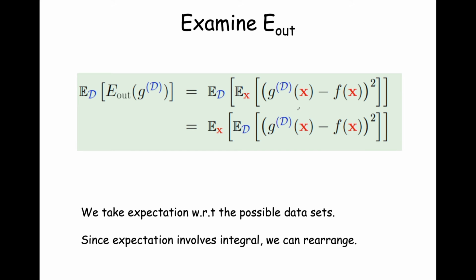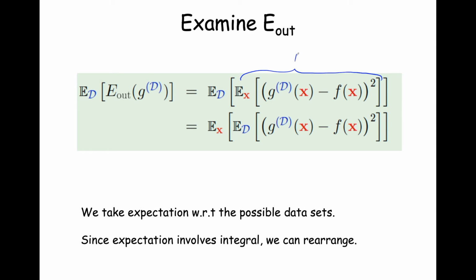So if this final best hypothesis depends on the data set, we would then also compute our expectation of this E out with respect to all possible instantiations of data sets. And so we're going to take the expectation with respect to the possible data sets, and when we do that, we have our original expression for E out.